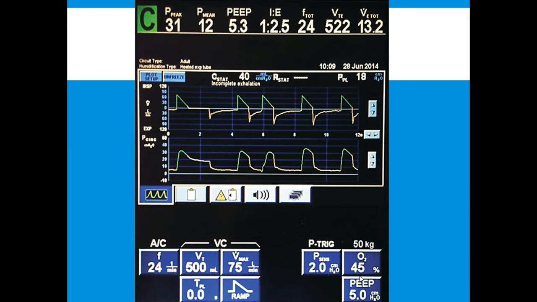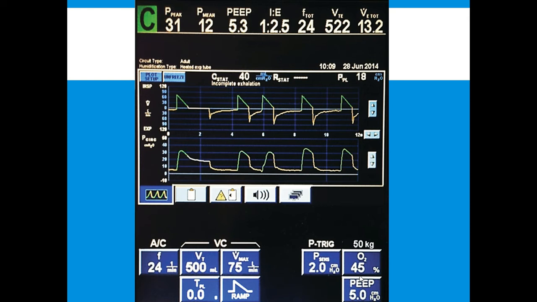That will increase the mean airway pressure. It favors better oxygenation at the cost of CO2 clearance, though. If you want more expiratory time, then you might see an IE ratio of 1 to 2.5, 1 to 4, and higher. So this increases the expiratory CO2 clearance and favors better ventilation in that aspect.